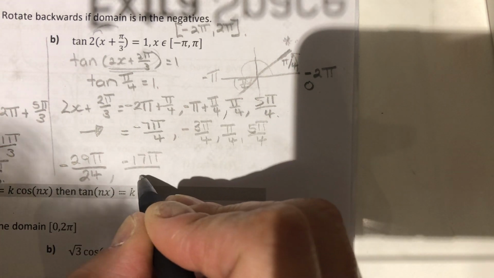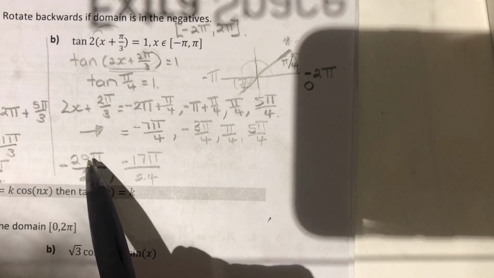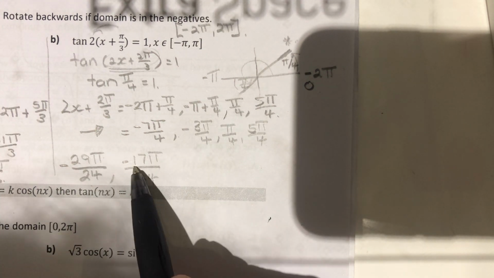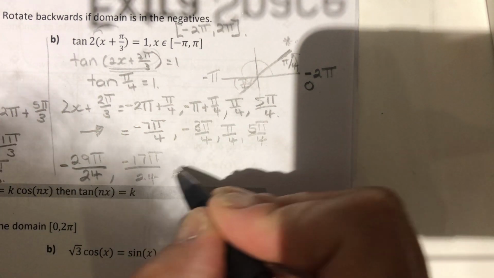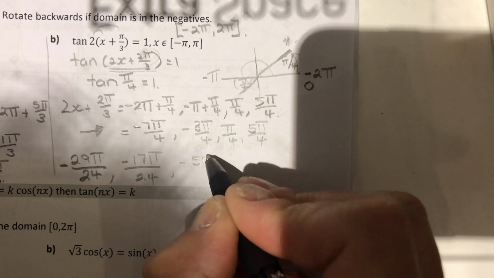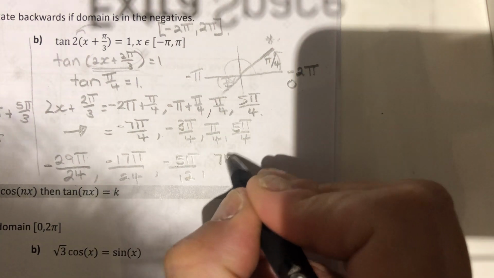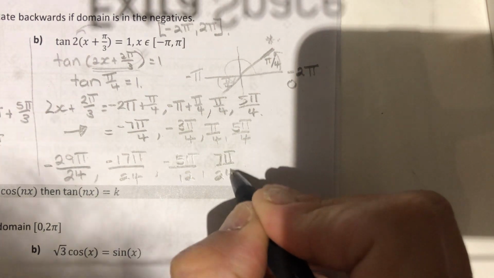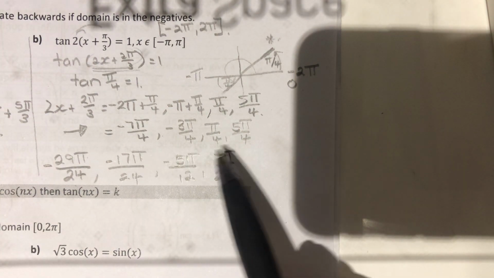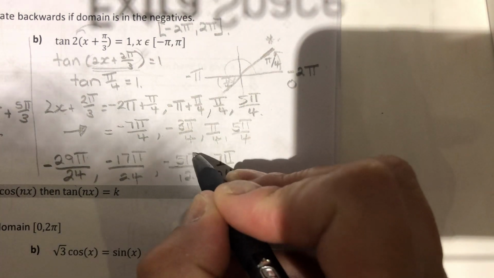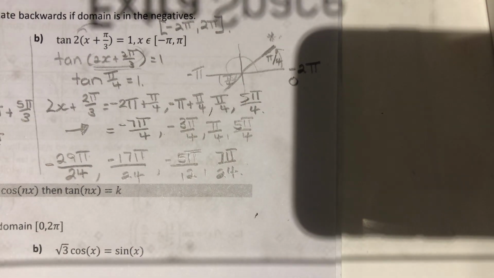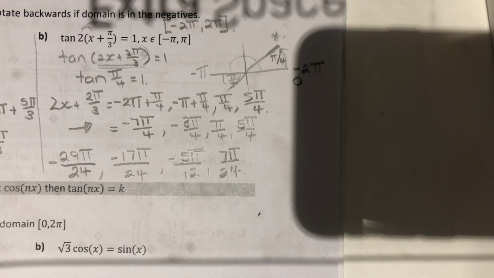But the answers that you should be getting are negative 29 pi over 24, minus 17 pi over 24, minus 5 pi over 12, and the last one is 7 pi over 24. Okay, so you can understand why I'm saying it's very timely to be doing all that working out.